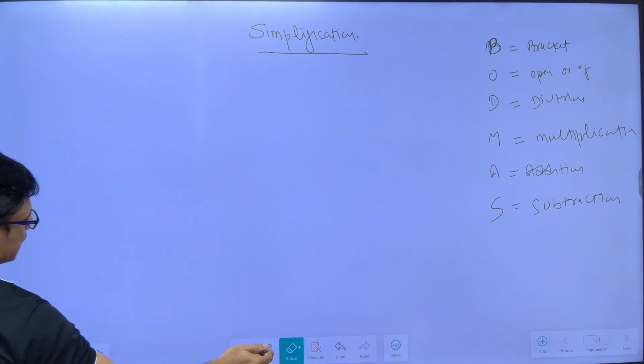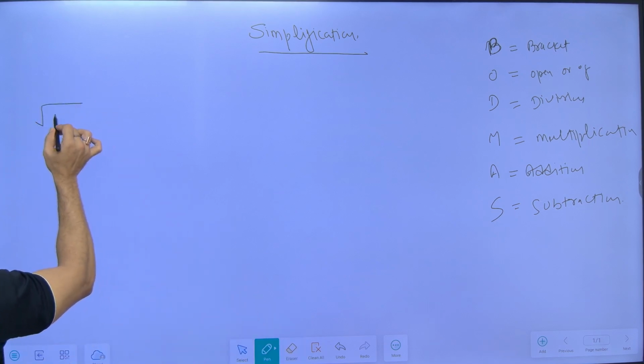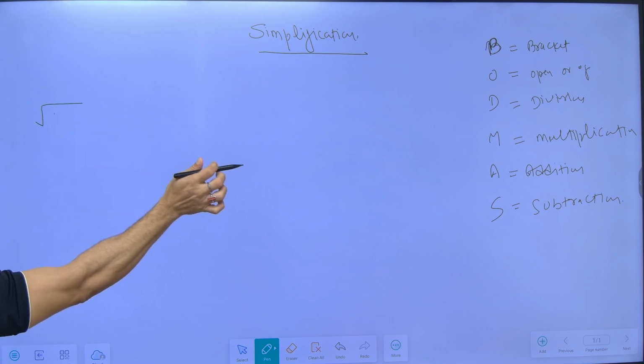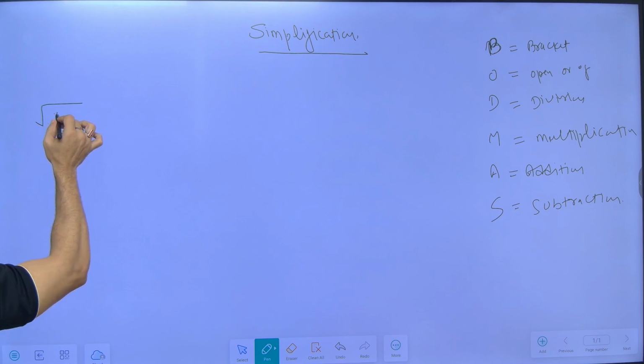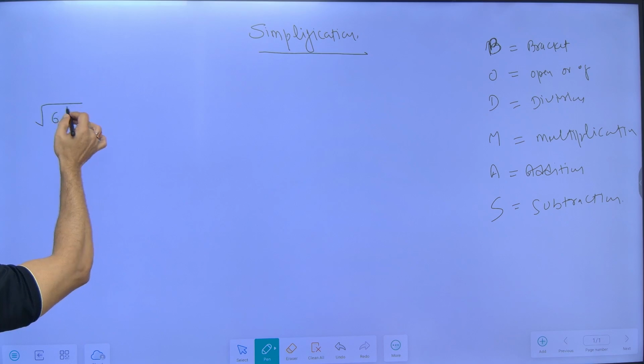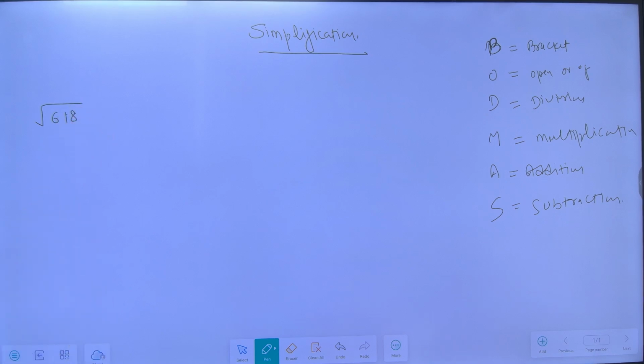Suppose if I take under root of, tell me any number which is not a perfect square, any number of your choice, 3 digit. Any no, कोई भी number बोल दो. 618, right? 618. Since it is even, we'll prime factorize it and we'll see what we get.